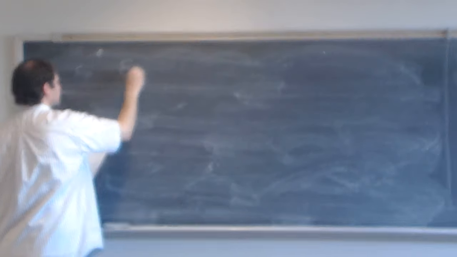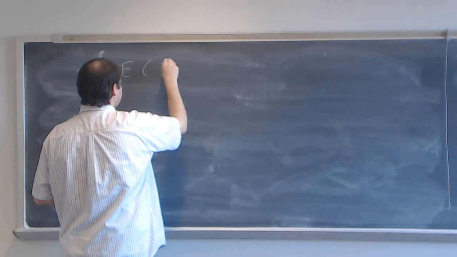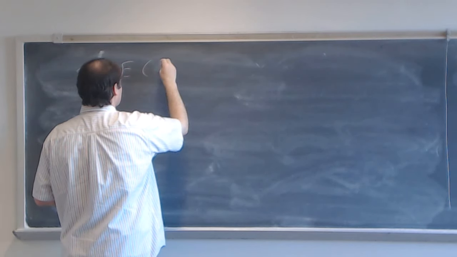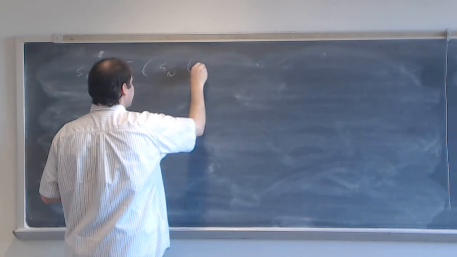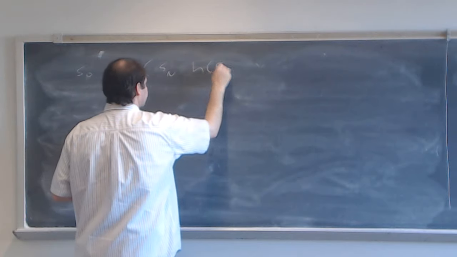So, what we were looking at was the expected value of S of n times h of S of n.